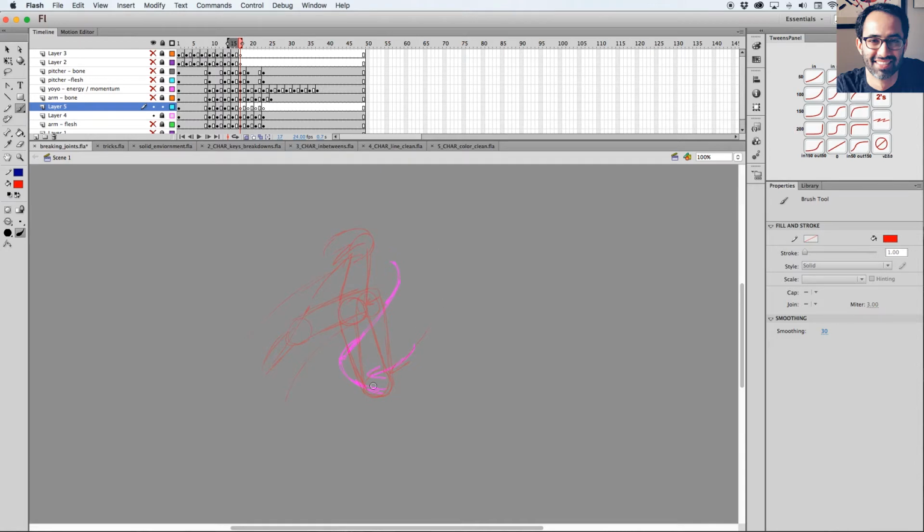And again, my wrist. You see that I'm using the line underneath as a guide to what's happening, but not necessarily as a guide to trace it. You see how different it really is, right?